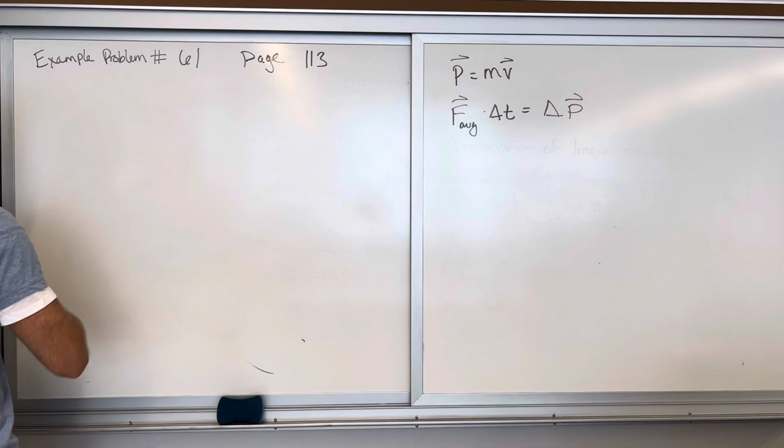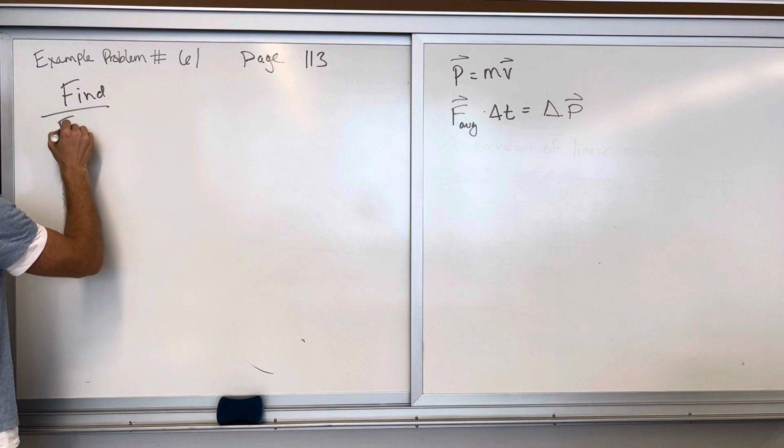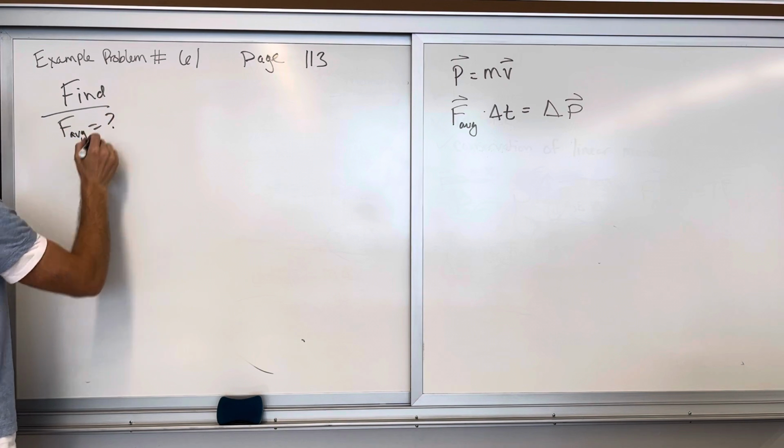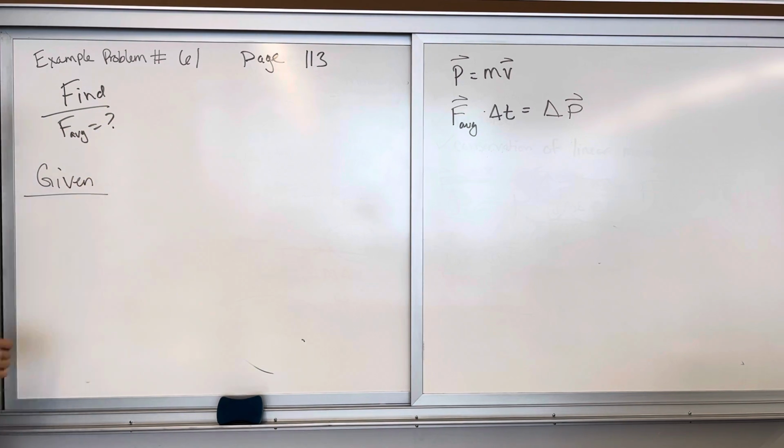Okay, so we're asked to find the average force that acts on the bullet. And what are we given? Well, the 150 grain, that's the amount of gunpowder that's in the shell.